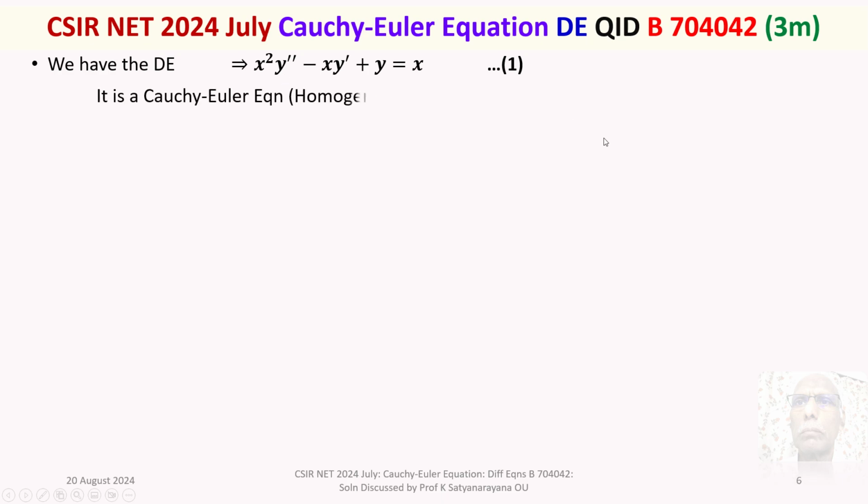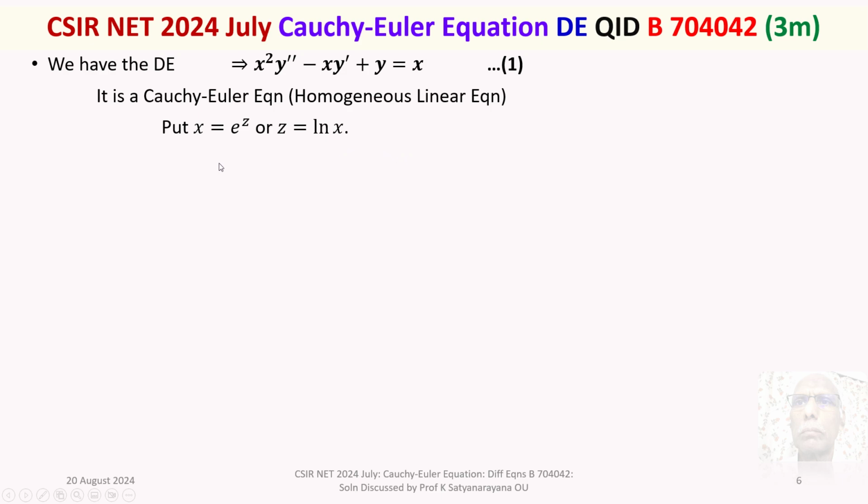Now, to solve such a differential equation, we change the independent variable x to a new independent variable z by means of the substitution x is equal to e to the power z, or in other words, z is equal to ln x.